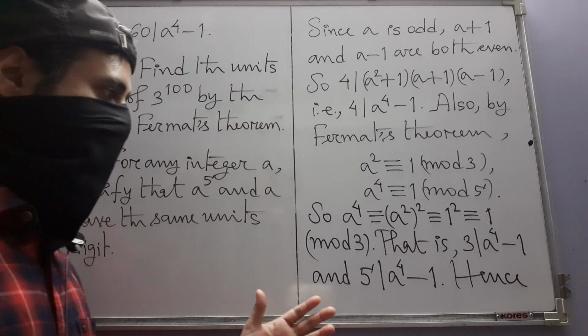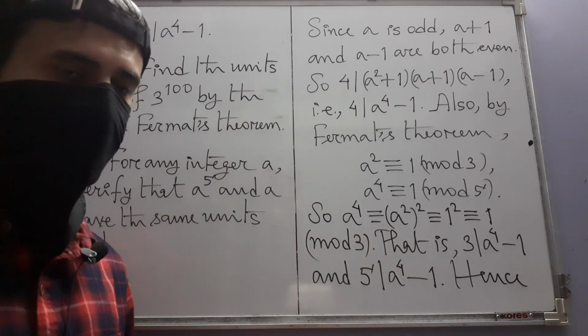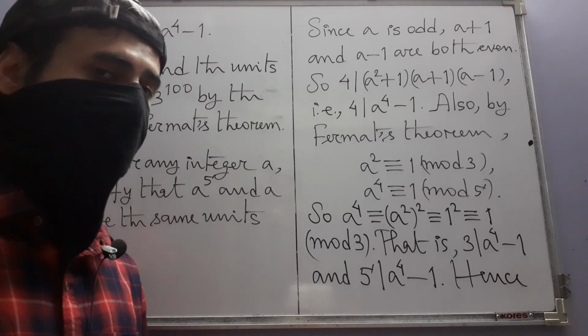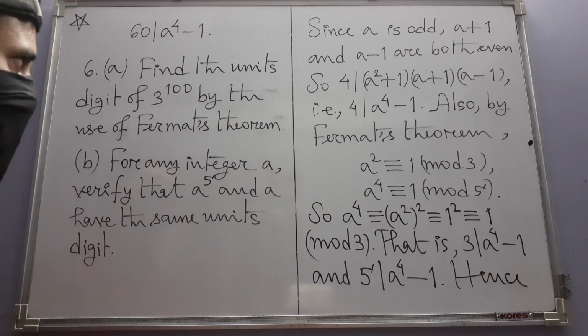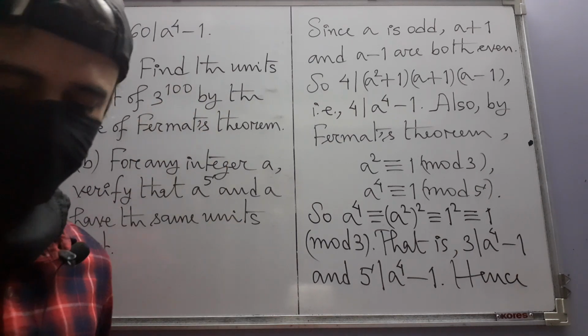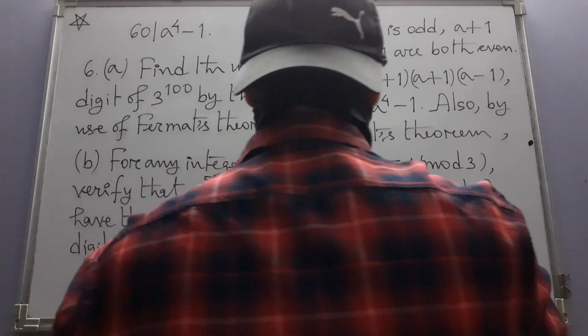To find the units digit of a number, or in other words, the last digit of a number, you have to find the remainder that it leaves when you divide it by 10. That means we have to find 3 to the power 100 modulo 10. Whatever number we are going to get, that will be the last digit or the units digit.